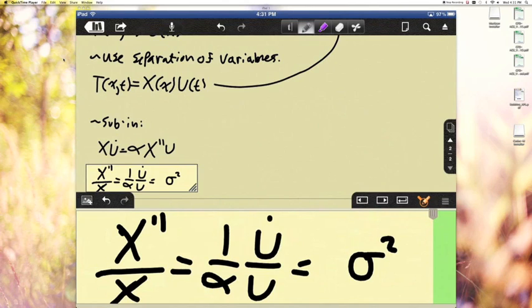So if you were to solve this problem using a positive sigma value, you would find out that the solution doesn't make any sense. Although it does satisfy the conditions that we've given, the solution doesn't make any sense. So we know that we can actually just say that this is a negative, and this will essentially tell us that the transient solution will wind up decreasing with infinite time, which is exactly what we want.